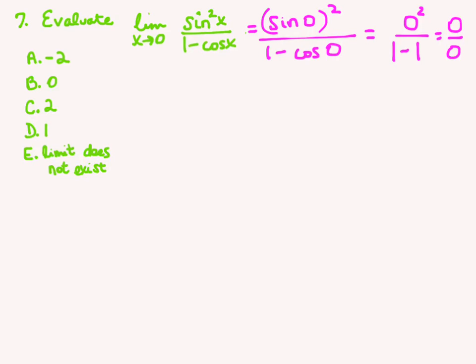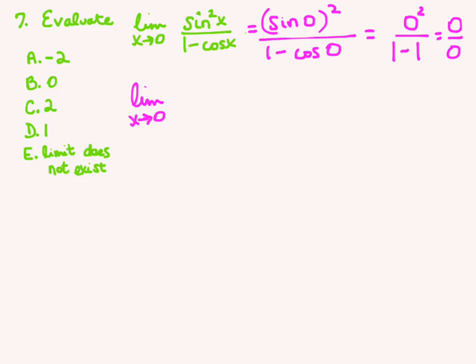So if I go back and look at my original function, sine squared x over 1 minus cosine x, it's kind of hard to see what I could do to simplify, but one thing I can do with trig functions, we should always look for identities, that maybe we could substitute an identity and change the way this looks. And so in place of sine squared, there's the Pythagorean identity that says sine squared plus cosine squared equals 1.